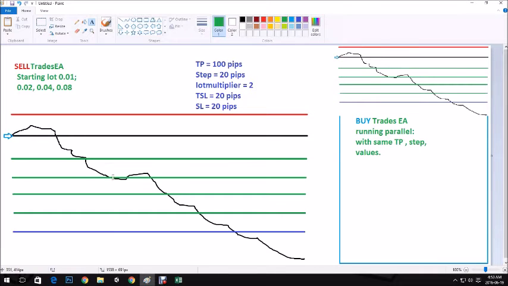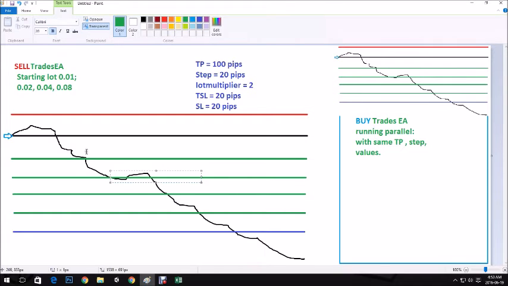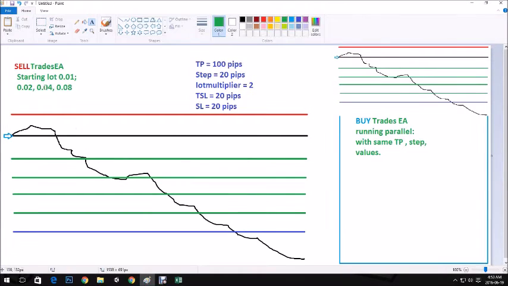At this point we will open another trade with a 0.04 lot size, and it will have a 100 pips target, a 20 pips trailing stop, and a 20 pips SL, and all the same properties that all the other trades have.